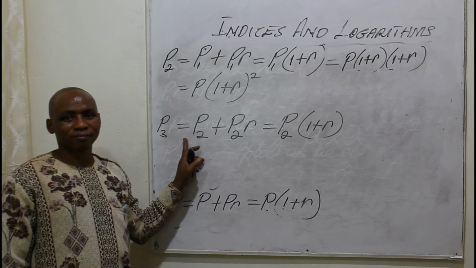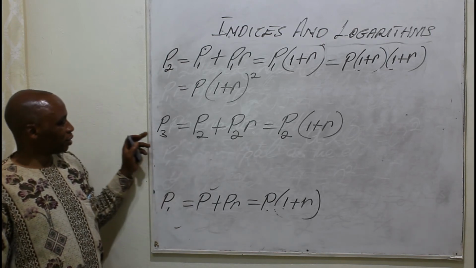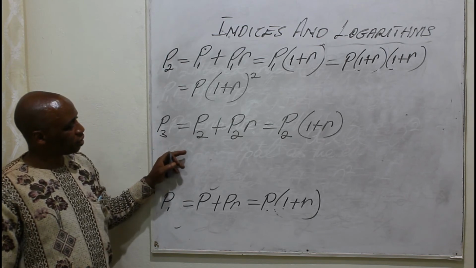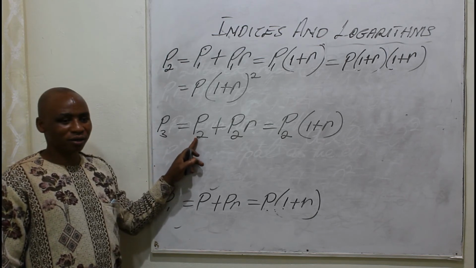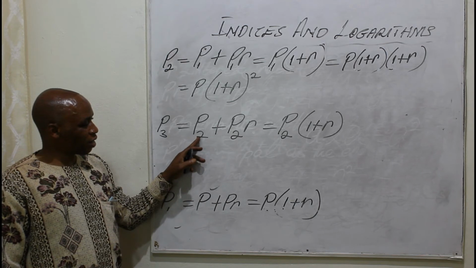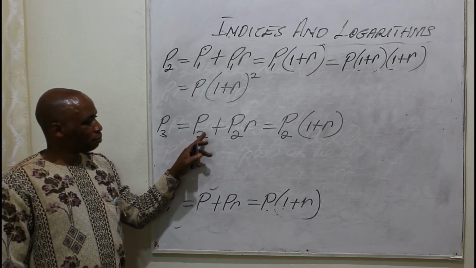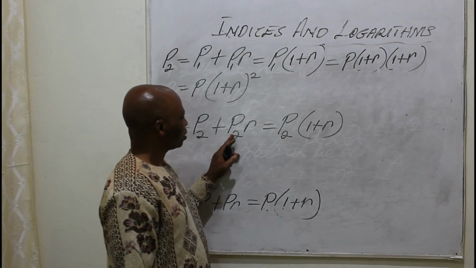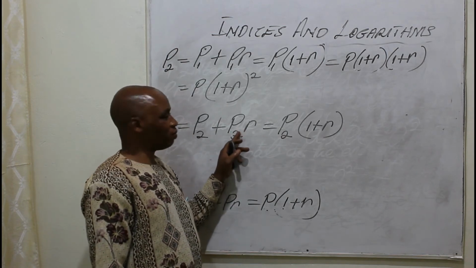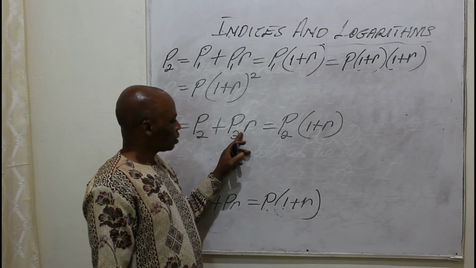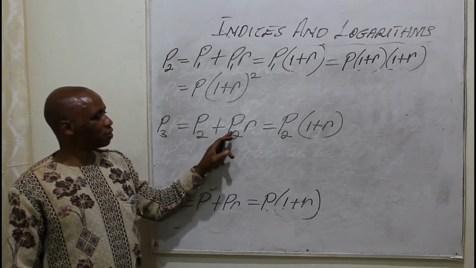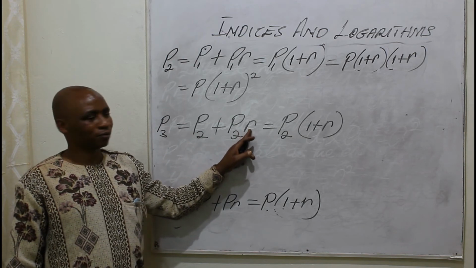As I said, the principal for the 3rd year will be the principal for the 2nd year plus the interest generated at the end of the 2nd year, which is P2 plus P2R.